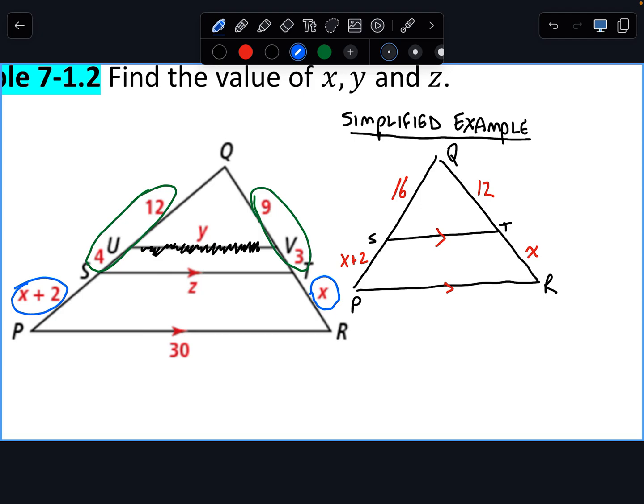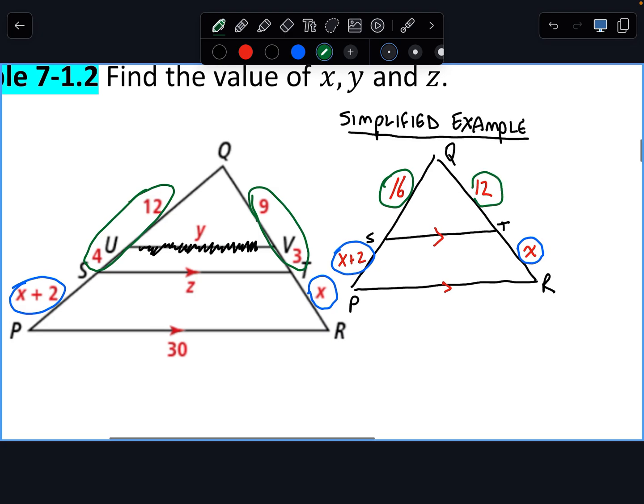And now that I have this simplified example, it becomes a very simple problem. I'm going to take x plus 2, and I'm going to put it over 16. And that's going to be equal to x over 12. Or in other words, if 16 is twice the length of x plus 2, then 12 has to be twice the length of x.